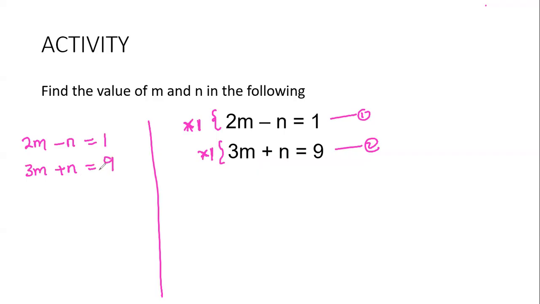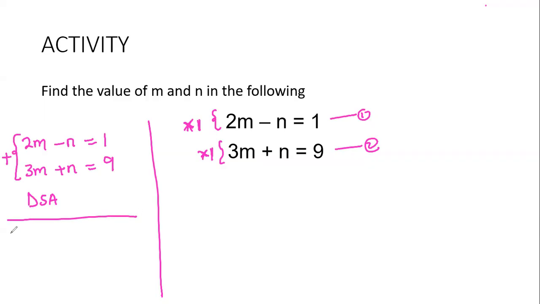So now, when you look at the n of equation 1 and the n of equation 2, the signs are not similar. So you add. So we are going to add this, right? So add for us.